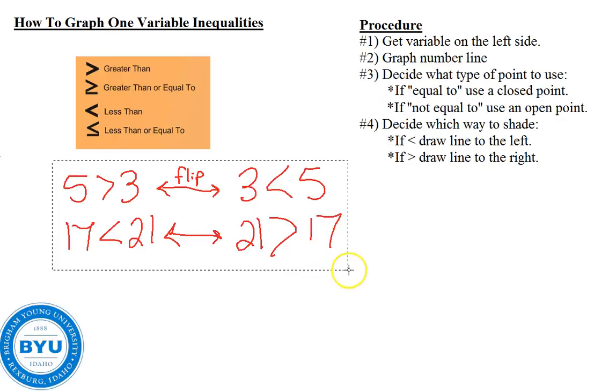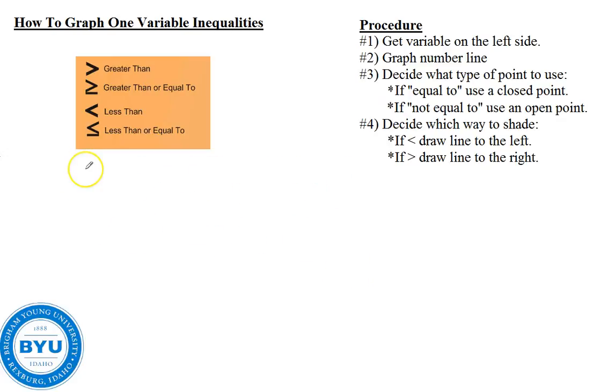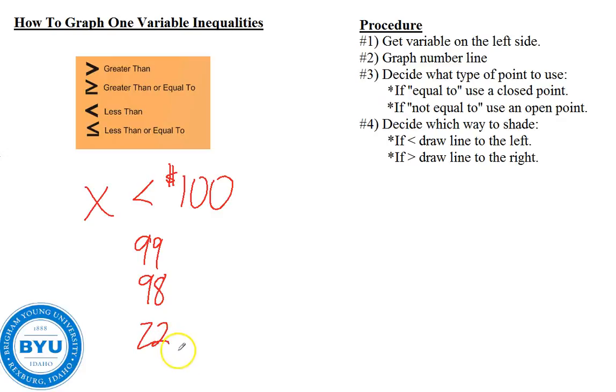In algebra, we use inequalities to represent an entire set of numbers that could be possible. For example, in my bank account, I know that I have less than $100. Well, this represents a lot of different possibilities. I could have 99, I could have 98, I could have 22, I could have -7. I just know that x is less than 100.